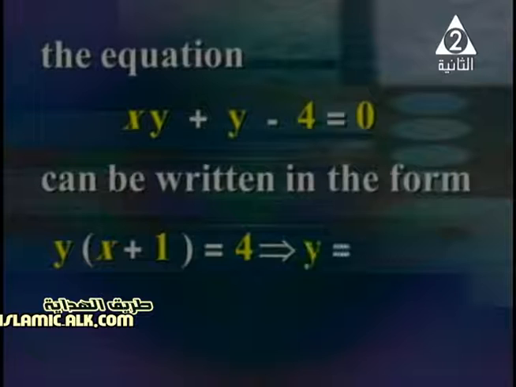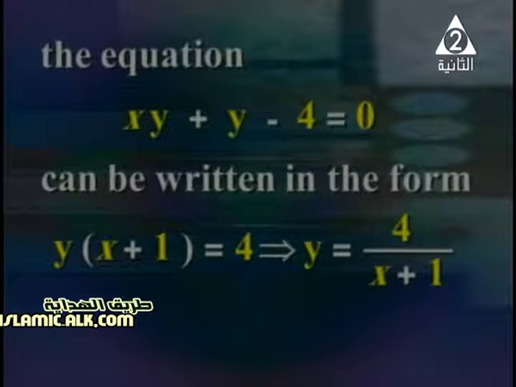What does it mean? y equals 4 over x plus 1. In the first equation, xy plus y minus 4 equals 0, x is joined with y. In the second, y equals 4 over x plus 1.